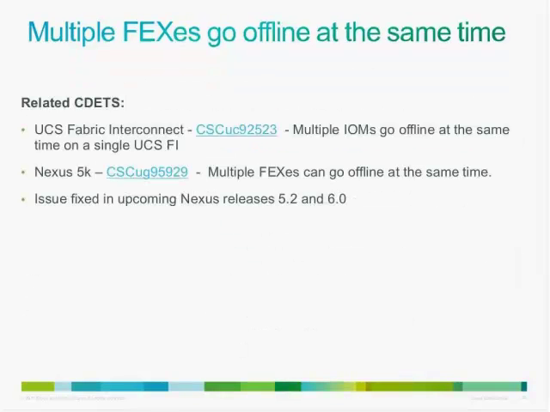So this is basically CSCUC92523 on the UCS, and CSCUG95929 on the 5K, right? This is actually fixed in our latest releases as well. So you can go to the bug toolkit and you will know exactly which release has been fixed.